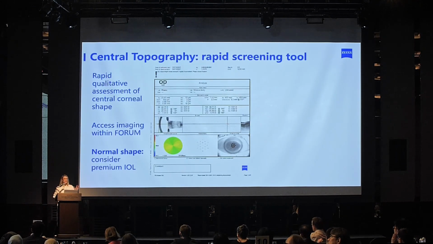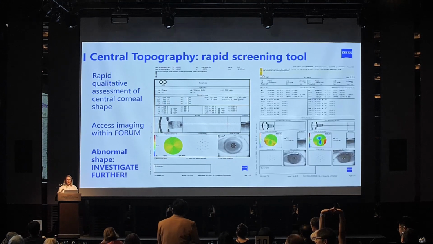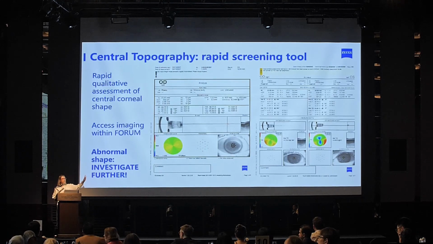And so if the corneal shape looks normal, and of course we've got the colours here, so the colours are very useful. It's easy for us to look for outliers and patterns with different colours. If this looks pretty normal here, then I'm going to have a good idea that this patient will be a candidate for a premium lens. And having the bilateral scans, bilateral analyse page open is also really useful as well, looking for the difference between eyes.